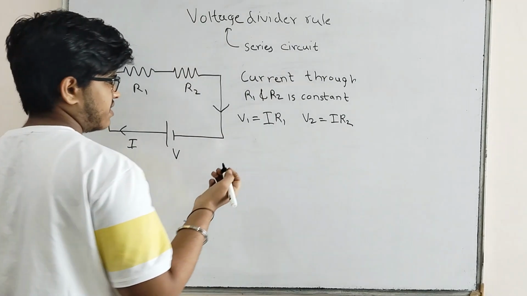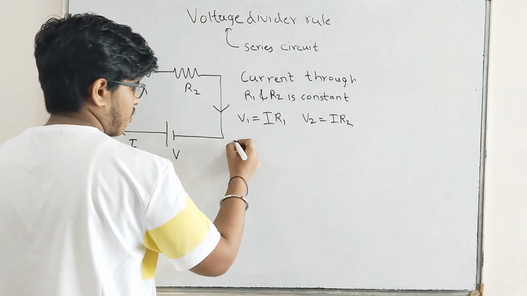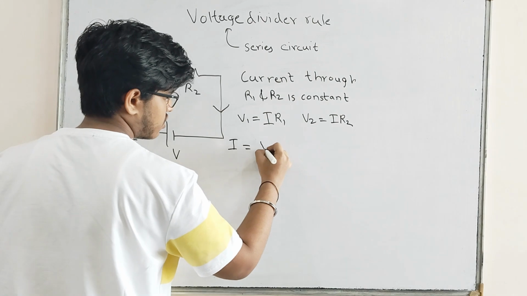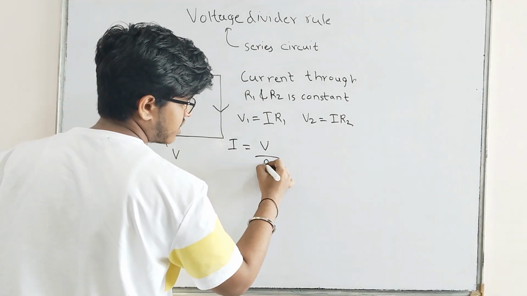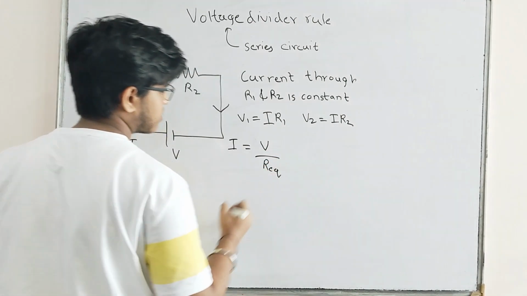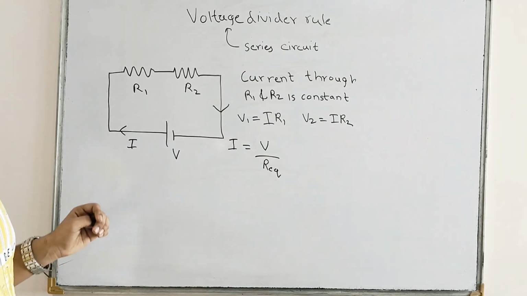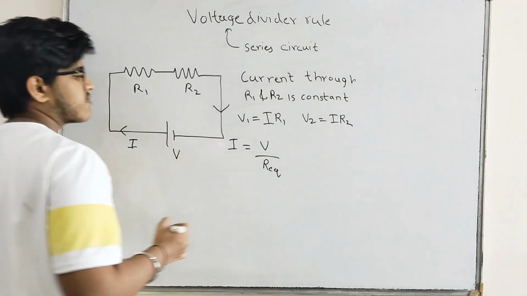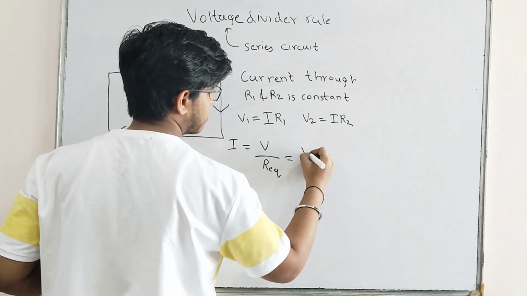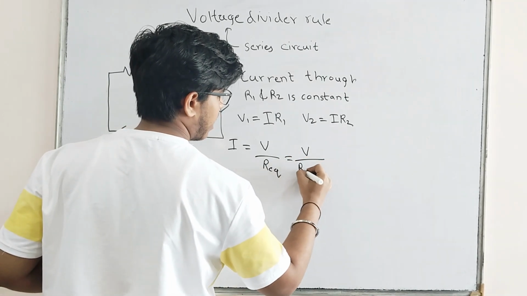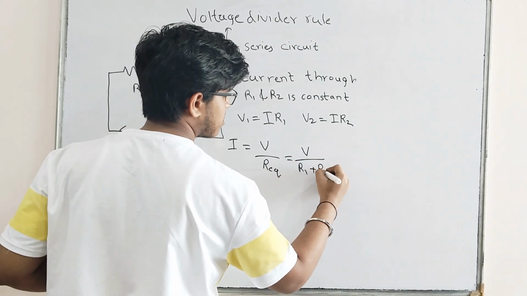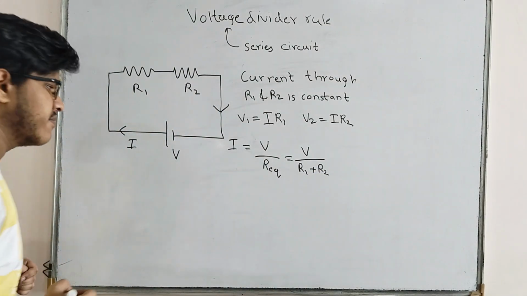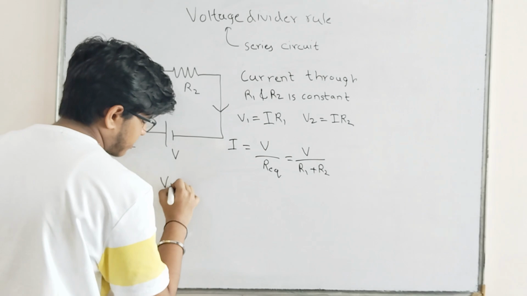So now what will be I? So by Ohm's law, I will be equal to source voltage upon equivalent resistance. Now, as we discussed, equivalent resistance for this circuit will be R1 plus R2. It will be V upon R1 plus R2. So let us substitute the value of I. So this is the final outcome.